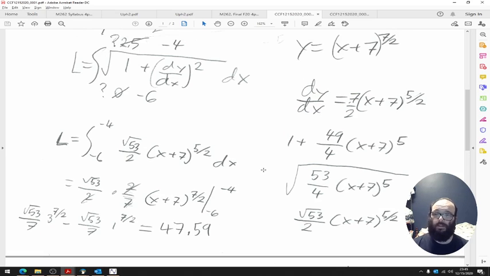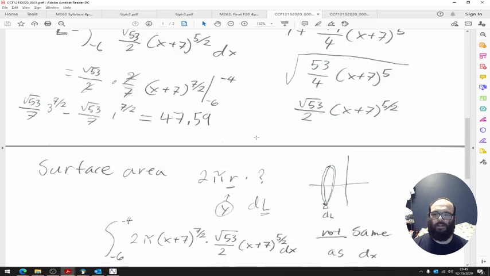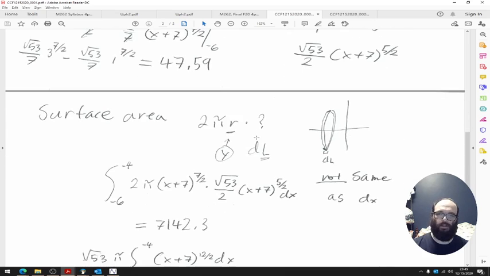And of course, part of the reason arc length is so cool is because it is key to other things, like surface area. What if we take this curve and spin it around the axis? How big is it? I forgot to draw the curve in on this graph here, but it would go like that. Well, it's basically circumference.